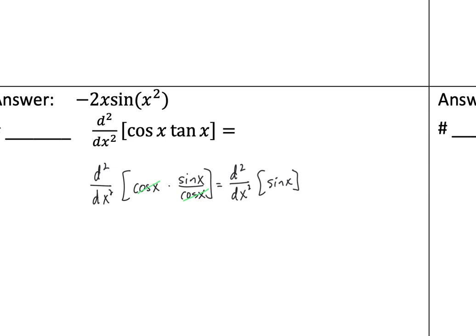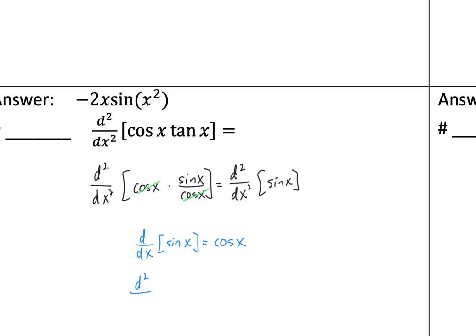Okay, let's do it like this. Second derivative, so first derivative, the first derivative of sine is cosine. So I'm kind of just using this notation also.